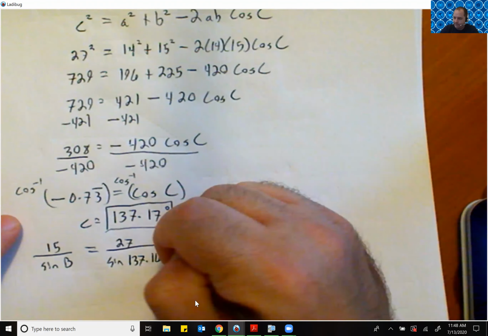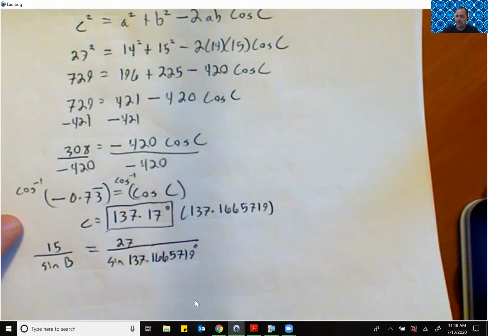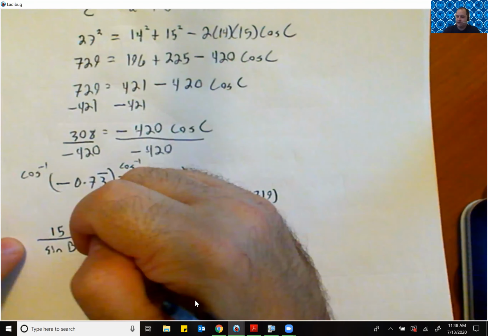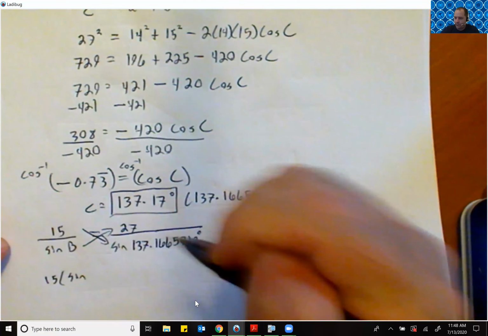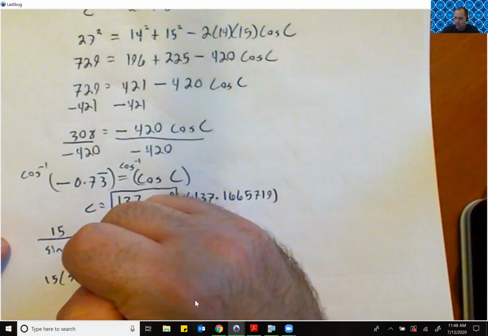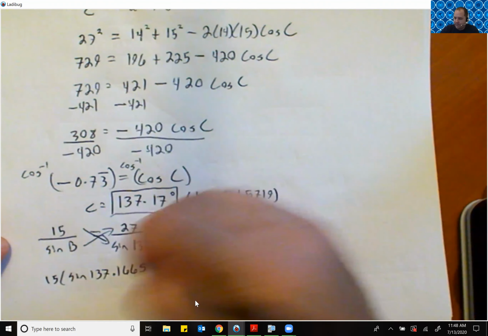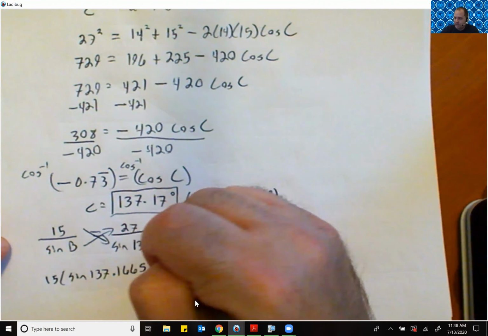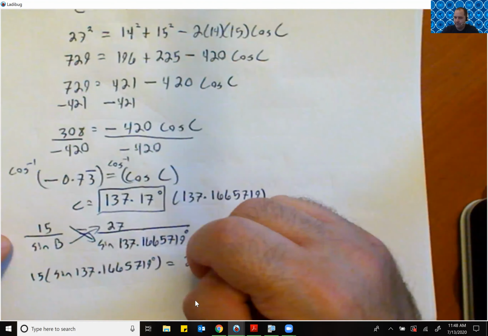So there we go. All we got to do now is cross multiply. So that gives us 15 sine 137.1665719 degrees equal to 27 sine B.